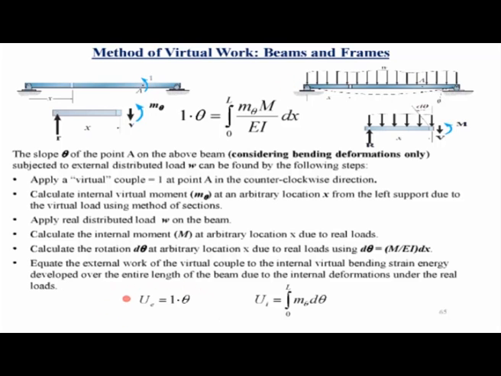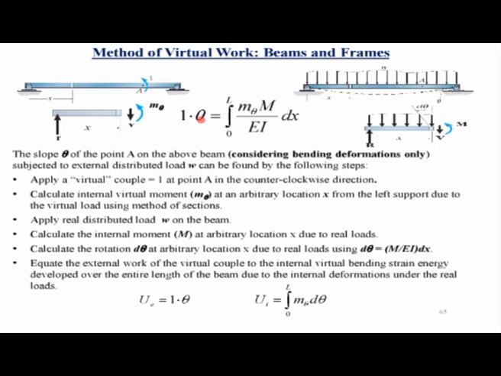So that is the external virtual work, and the internal virtual strain energy is given by the integration from 0 to L of m theta d theta. Here again you replace d theta by capital M over EI dx, where capital M is the moment at any section due to the actual loads or the external loads.